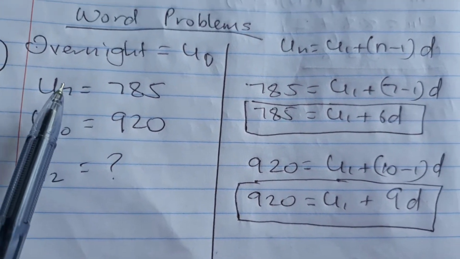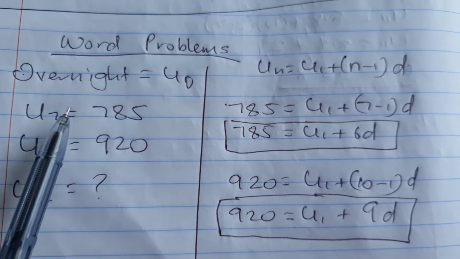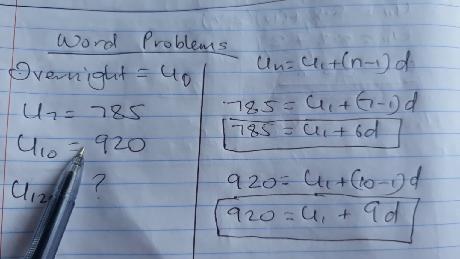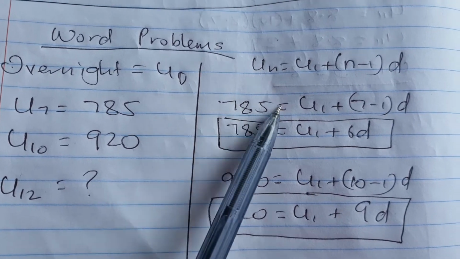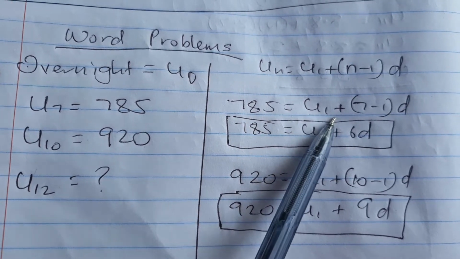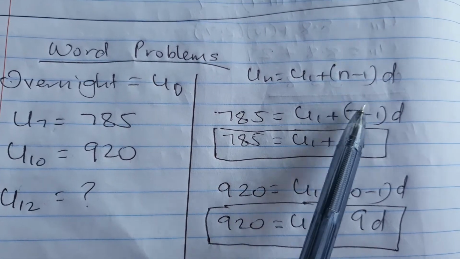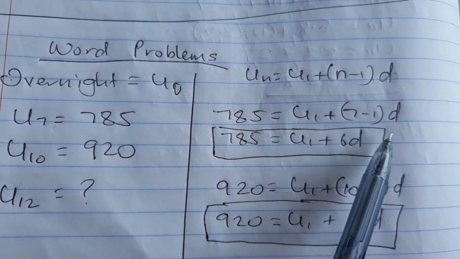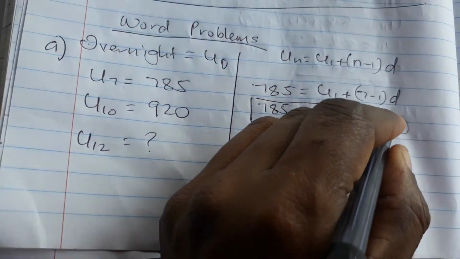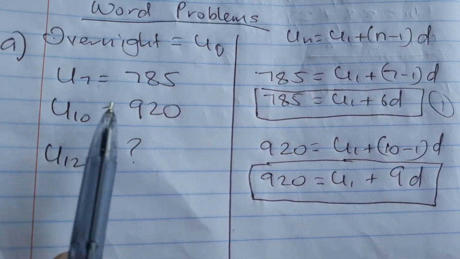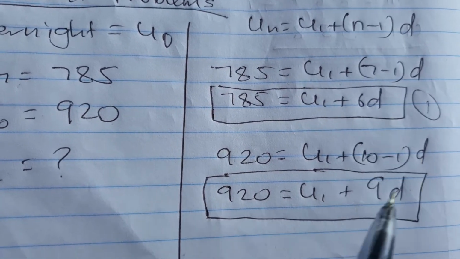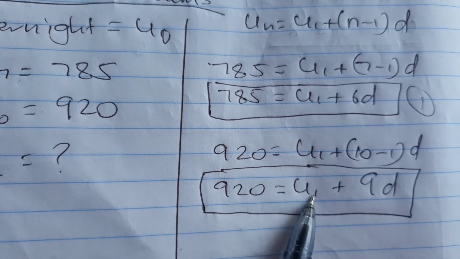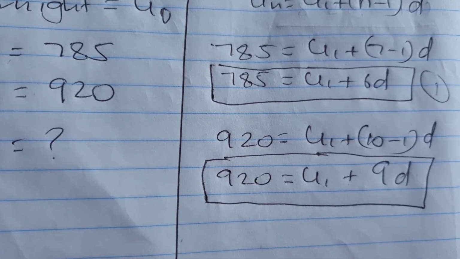I'm going to be putting this information in two different formulas, so that I have two equations. So 785 is equal to u1 plus, that's the 7th, so 7 minus 1 into d. I have this as my first equation, and then u10 is 920, so 920 is equal to u1 plus 10 minus 1 into d. 920 is equal to u1 plus 9d.